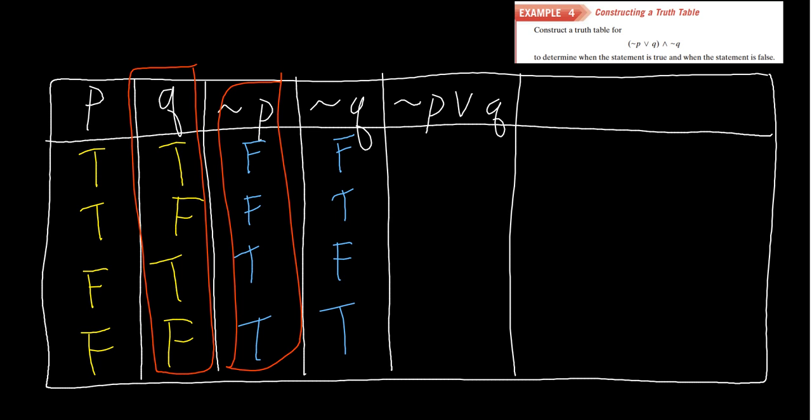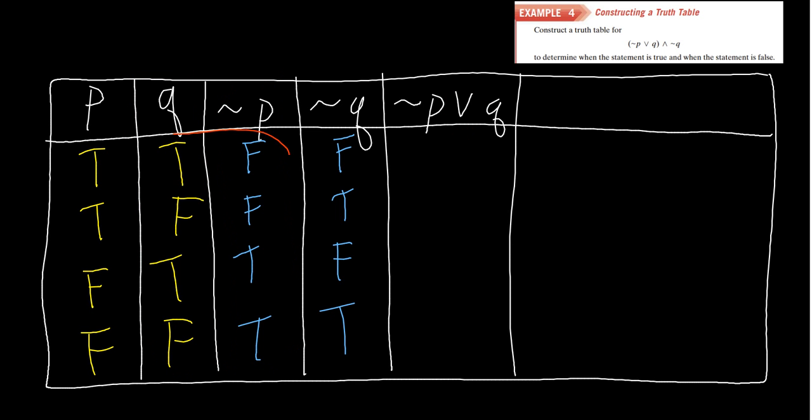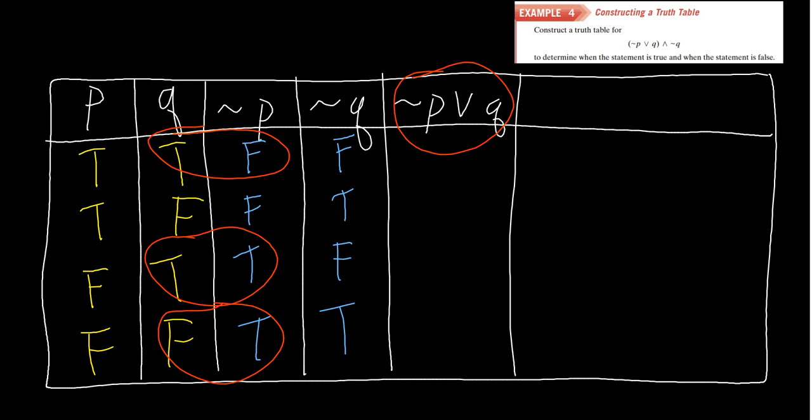So my connective statement here is an or. So I'm only going to be looking at the columns where we have a true statement. Okay. So if we looked at those two columns, this is true, and this is true, because only one statement has to be true in order for not P or Q to be a true statement.